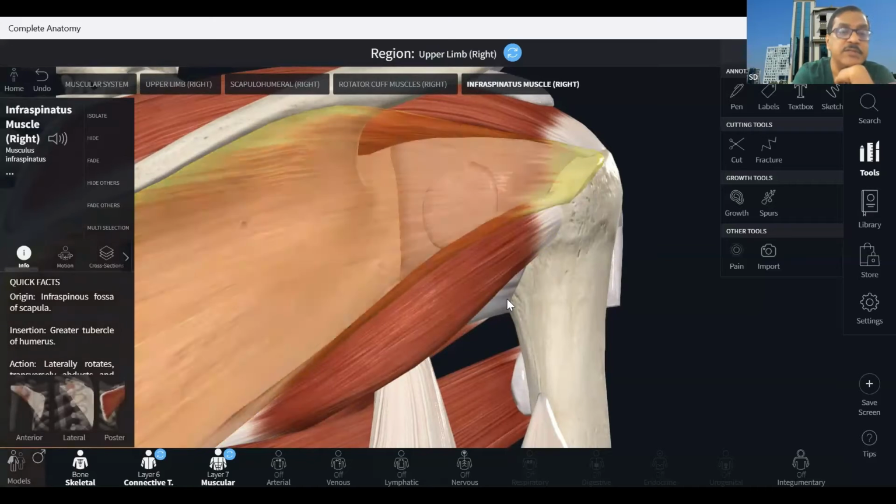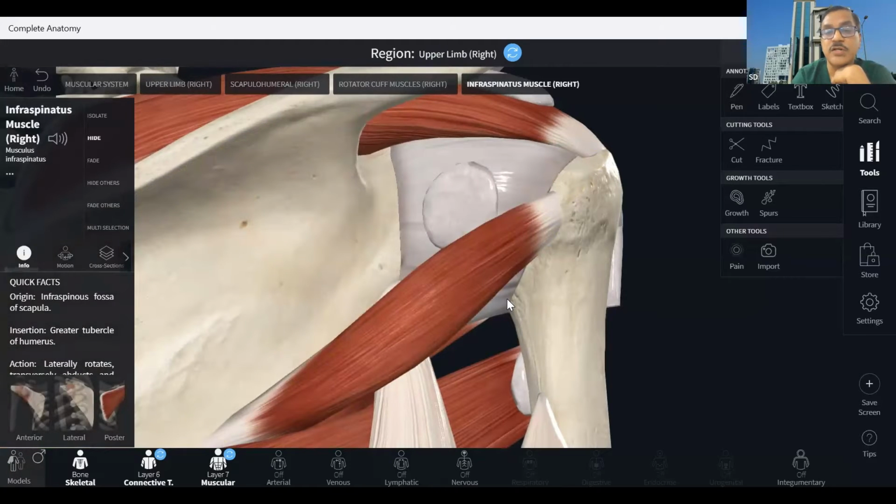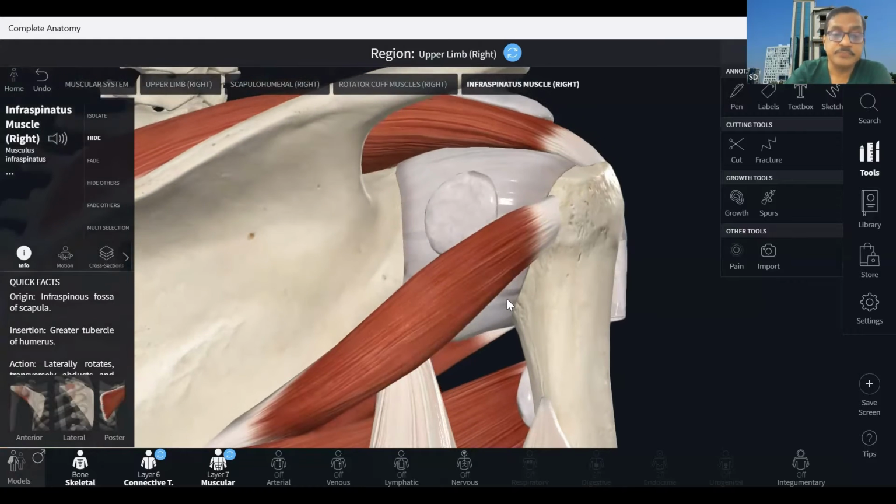Now hiding the infraspinatus, you can see the joint capsule. So when we'll be seeing the humeral head, that is the area where we'll be getting the infraspinatus. But if you're coming below, when the humeral head is basically almost completing, then only we'll be able to see the teres minor. That is the reason why many people find it difficult to get the teres minor muscles nicely.